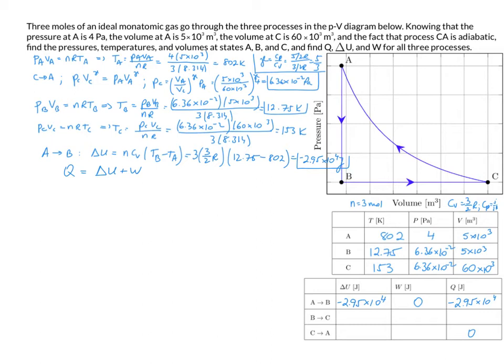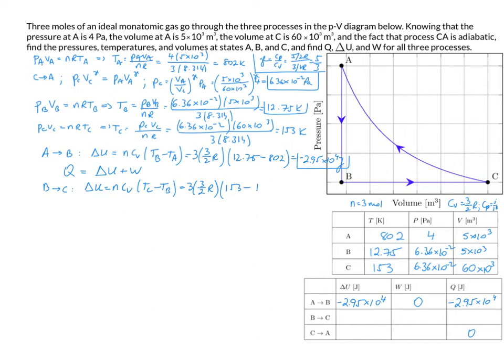Now, for process BC, again, the change in internal energy delta U is nCV, T final minus T initial. So going from B to C, temperature final is Tc, temperature initial is Tb. So that is 3 times 3 halves R. Tc was 153 Kelvin.